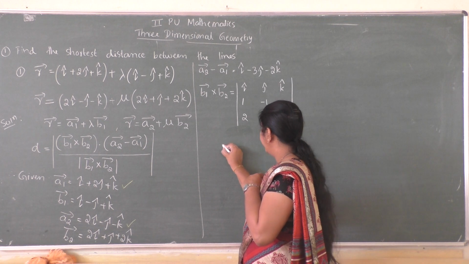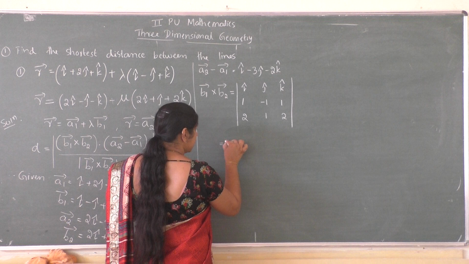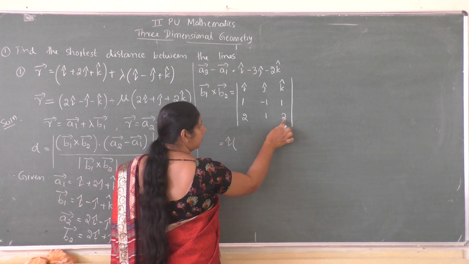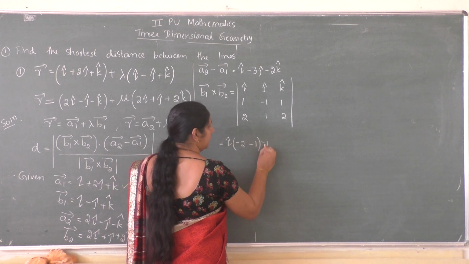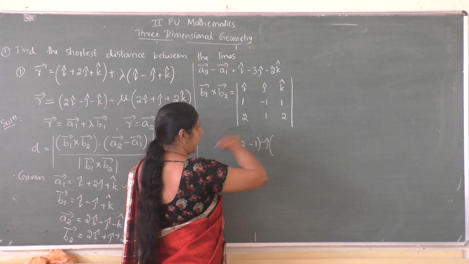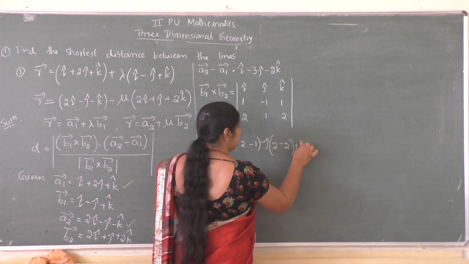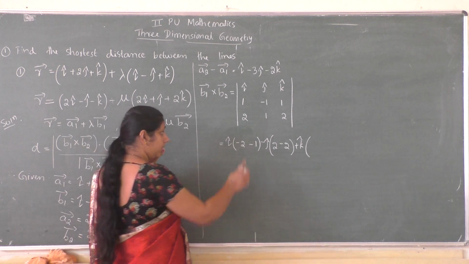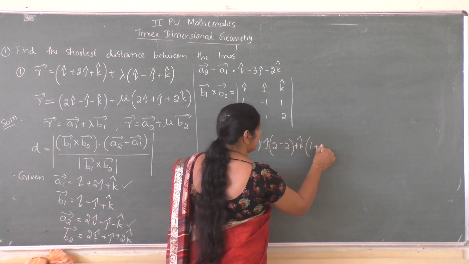Now we will find the determinant value by expanding: i cap into, deleting the first row and first column, minus 1 into 2, minus 2, minus 1 into 1, that is 1; next minus j cap into, deleting the first row and second column, 1 into 2, 2, minus 2; plus k cap into, deleting the first row and third column, 1 into 1 minus 1 into 2, that is minus 1 minus 2, which is minus 3.